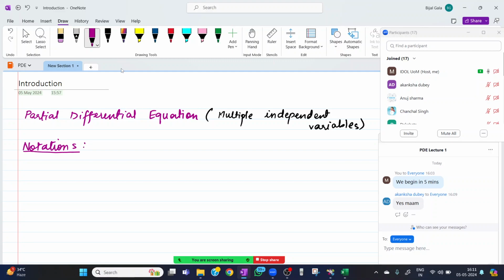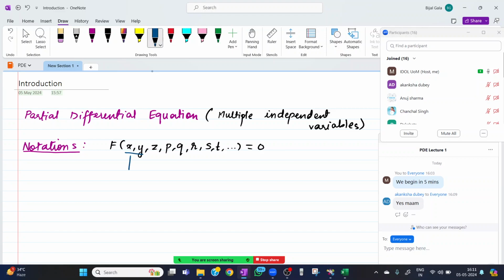Okay, so when we talk about the general notations over here, we call it a function of say x, y, z, and we can have p, q, r, s, t, and so on, equals 0. Now let's understand over here.